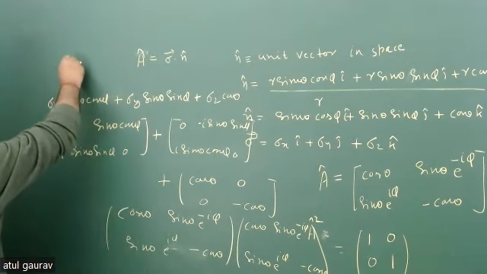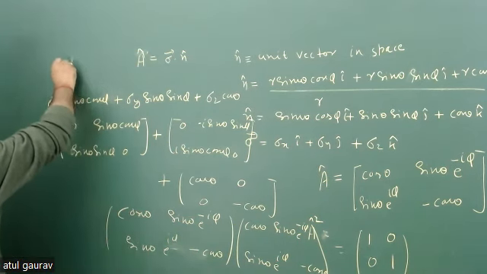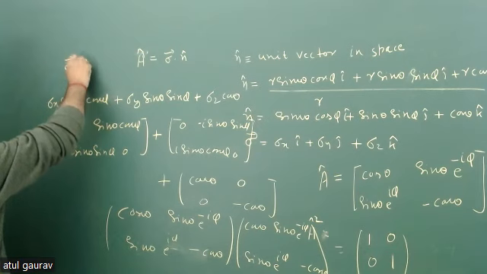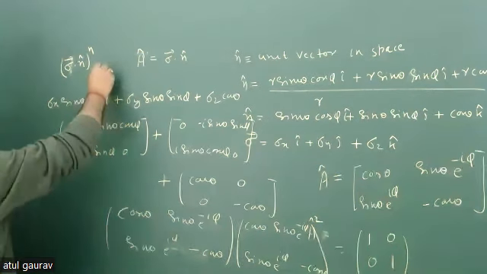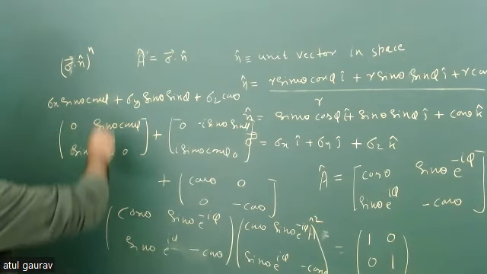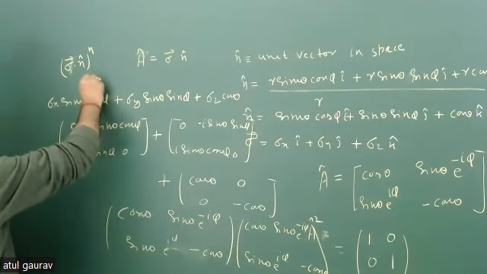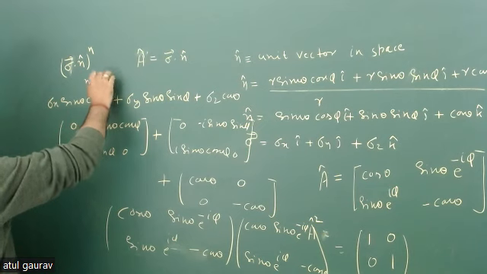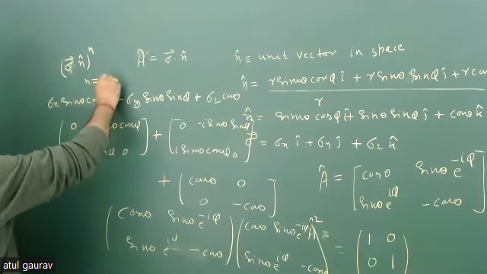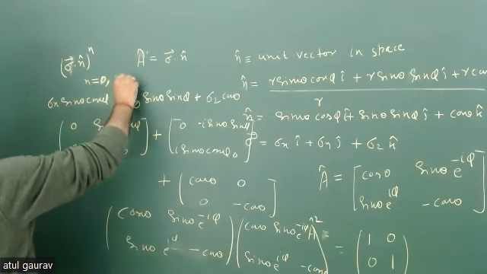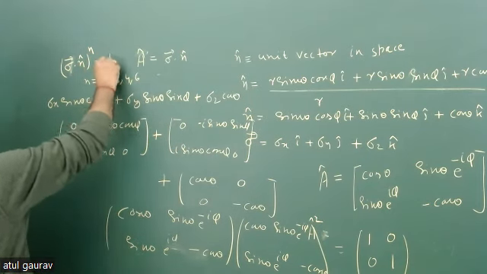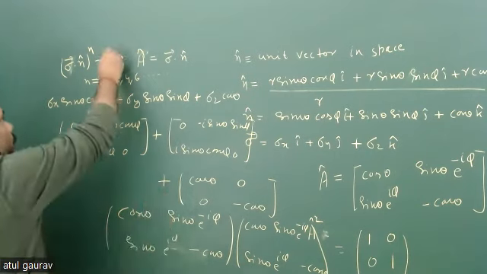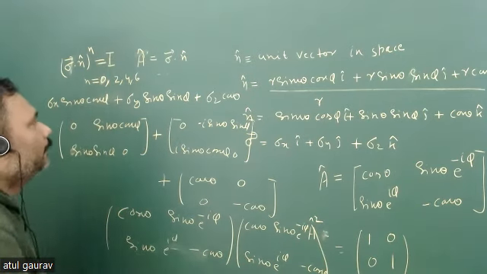So if we have sigma dot n cap to the power n, and if this n is 2, or you can start with 0 also, 0, 2, 4, 6, all the even numbers, then this must be identity.